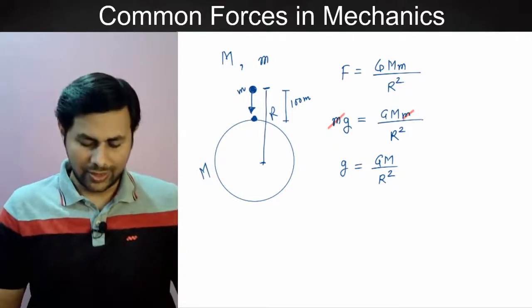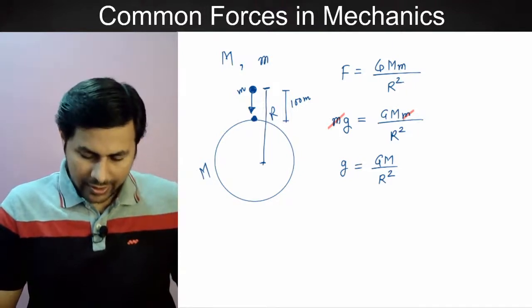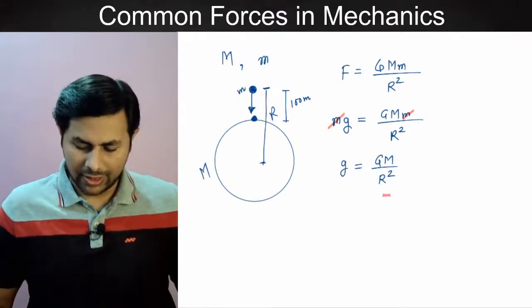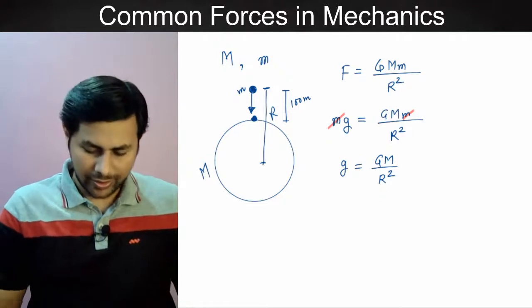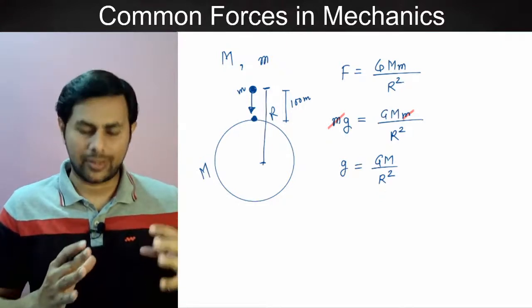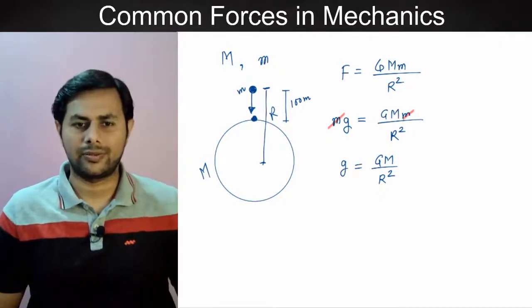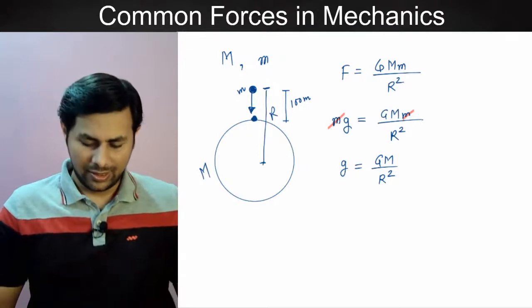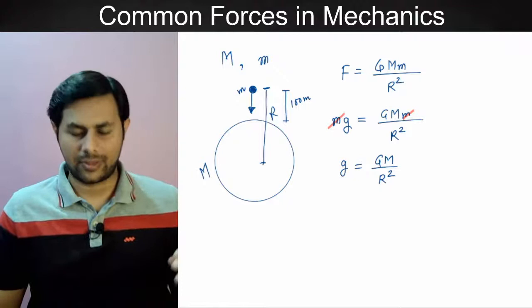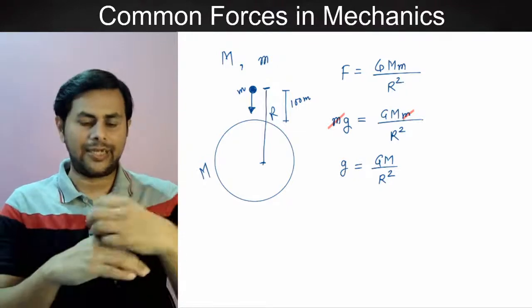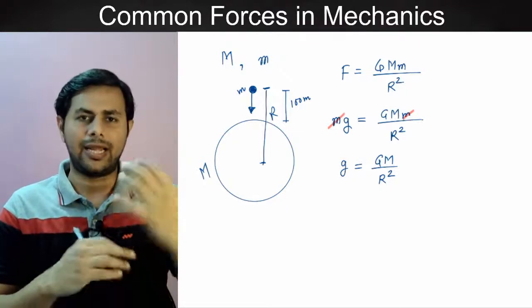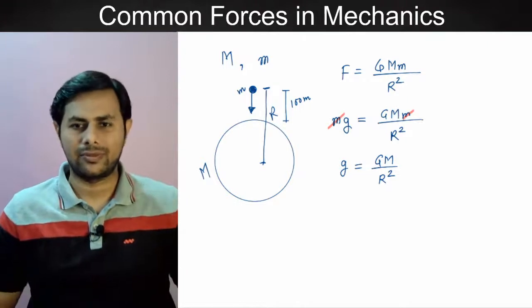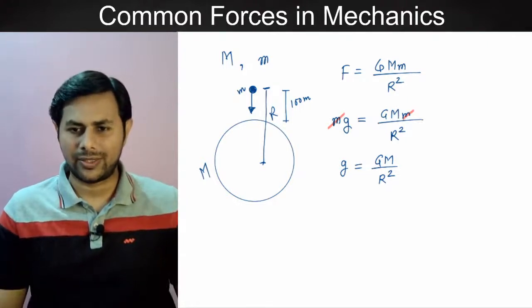So then this acceleration due to gravity is inversely proportional to r squared. But why do we consider it to be constant? In many problems, we consider in practice that on Earth's surface and at a height of, let's say, 100 meters, the acceleration due to gravity is the same. So how can we do that?